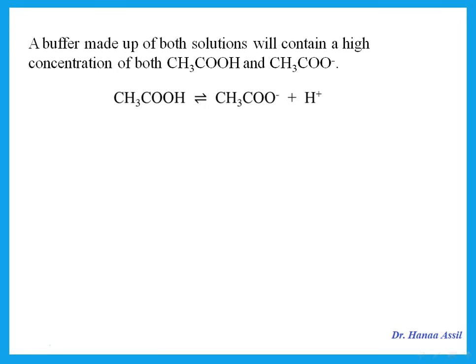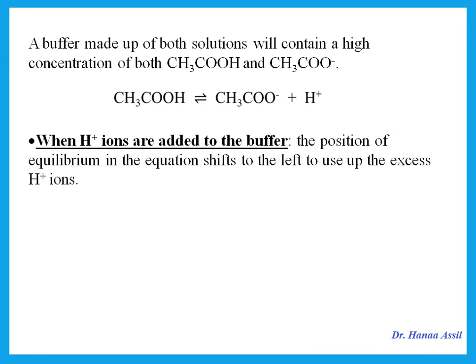Now, if I have a buffer solution of these two, that means I have this reversible equation. If I add H plus ions to this solution, which is a product, the equilibrium will shift to the left.